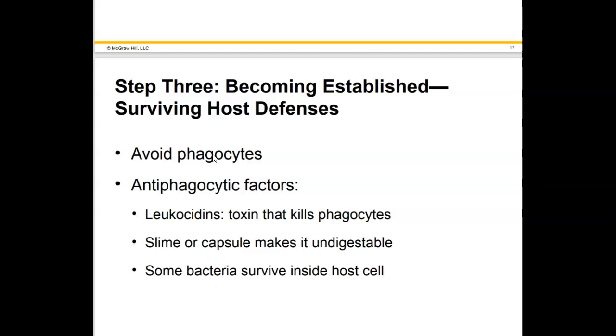One thing it can do is interfere with phagocytosis. Certain immune system cells are called phagocytes, and their job is to engulf and destroy pathogens. It's kind of like the amoebas that we saw, where they can extend outward and engulf whole cells. Some pathogens avoid phagocytosis by making a capsule or a slime layer around them that makes them undigestible.